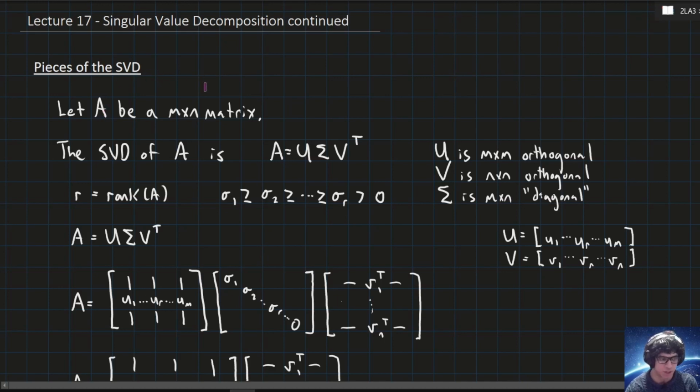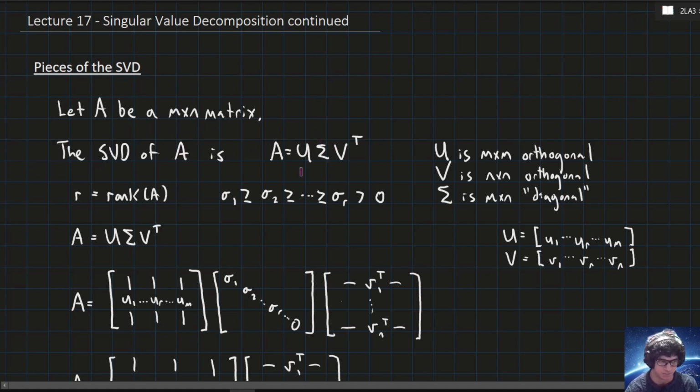Now we'll turn to the situation of A being an m by n matrix, a potentially non-square matrix. And we'll talk about what I'll call the pieces of the singular value decomposition. These pieces will be very important in applications of the SVD.